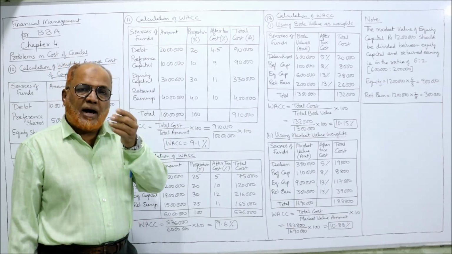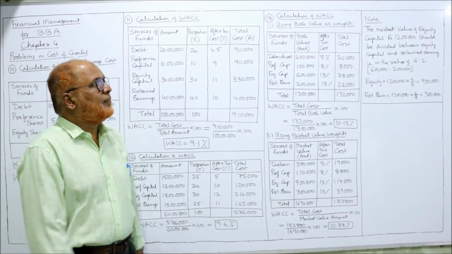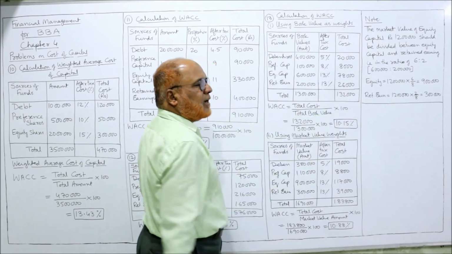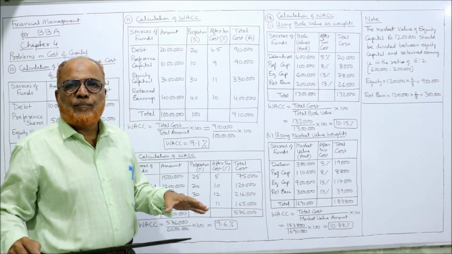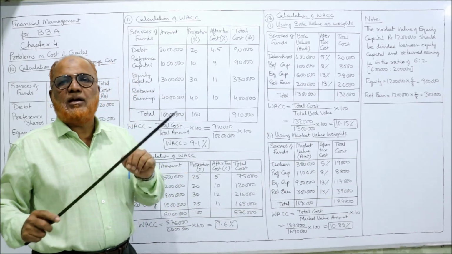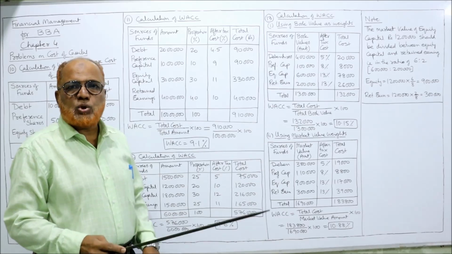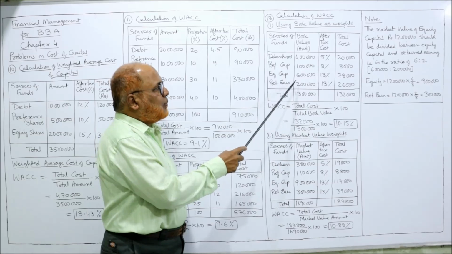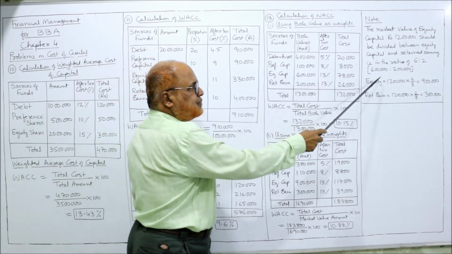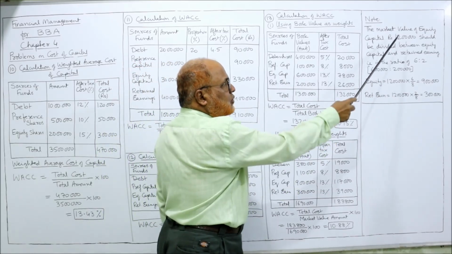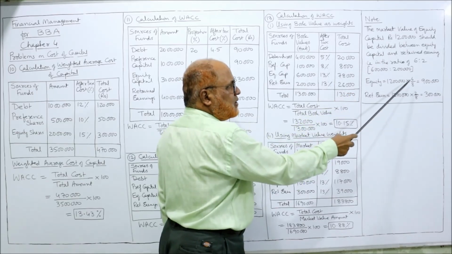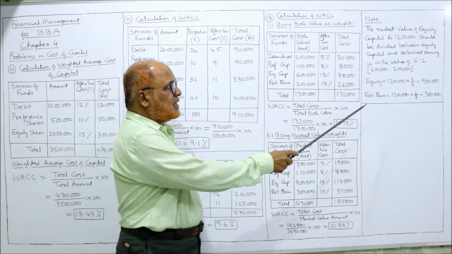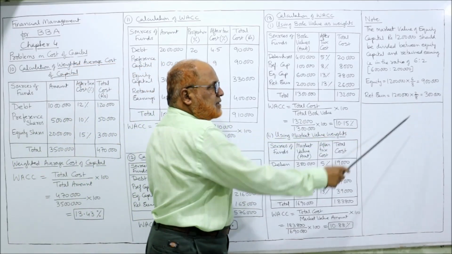Here in note I have given: the market value of equity of rupees 12 lakh should be divided between equity and retained earning in the ratio of the book value of equity and retained earning. The book value 6 is to 2. So total value of equity is 12 lakh into 6 by 8. It comes to 9 lakh. Similarly, retained earning 12 lakh into 2 by 8, 3 lakh.